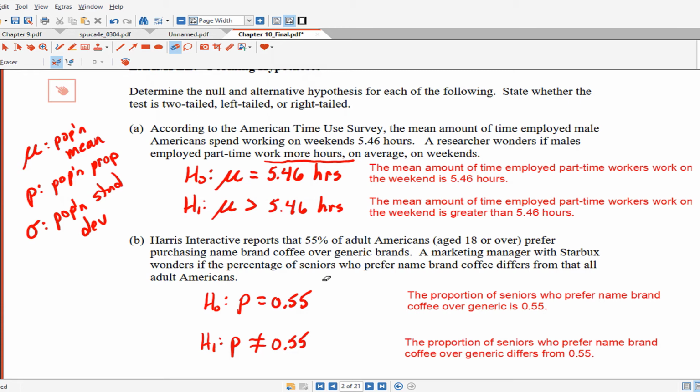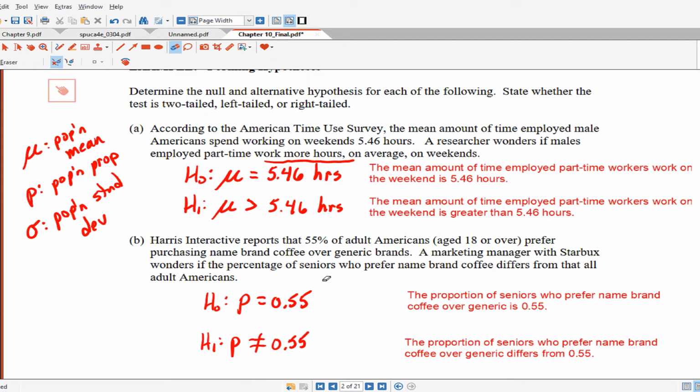And so if we use that kind of thinking with letter B, Harris Interactive reports 55% of adult Americans prefer name brand over generic. Starbucks wonders if the percentage of seniors who prefer name brand differs from that. So the statement of no change, no effect, no difference is there's no difference between adult Americans and seniors.